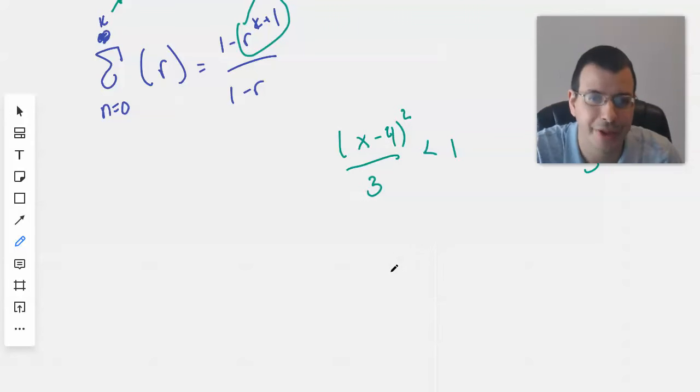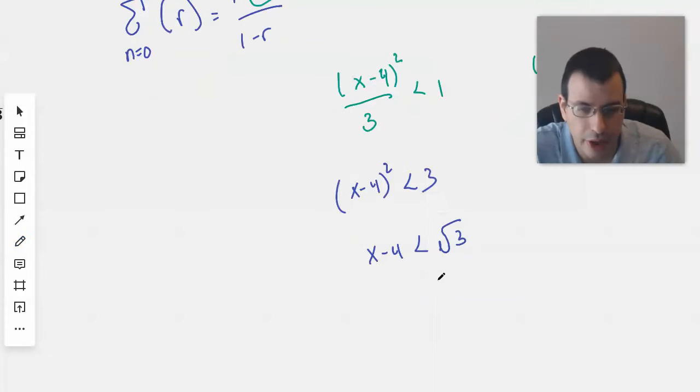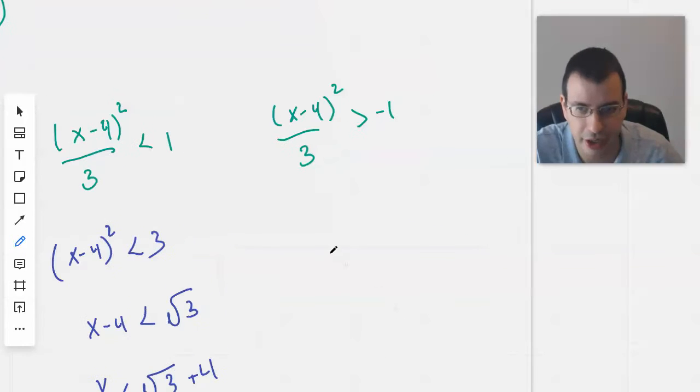You'll see. Okay, so we do (x minus 4) squared less than 3, so x minus 4 is less than the square root of 3, and x is less than the square root of 3 plus 4. Okay? Now do it on the other side.